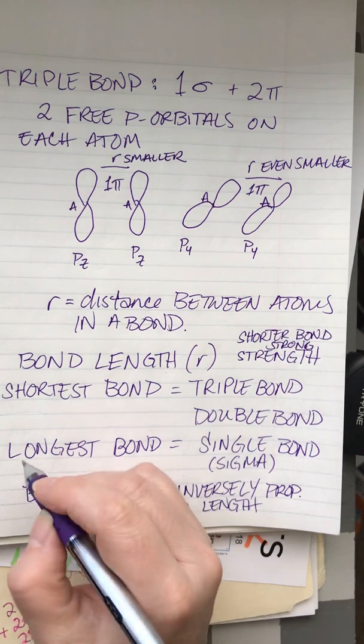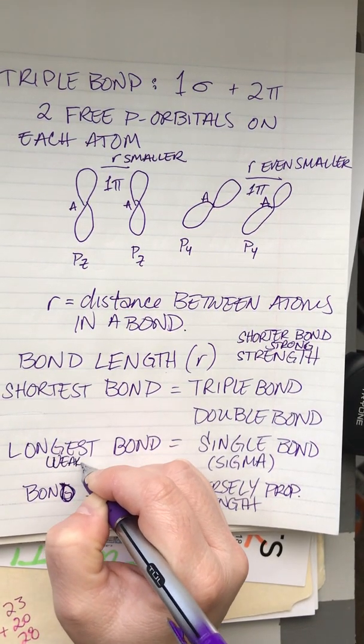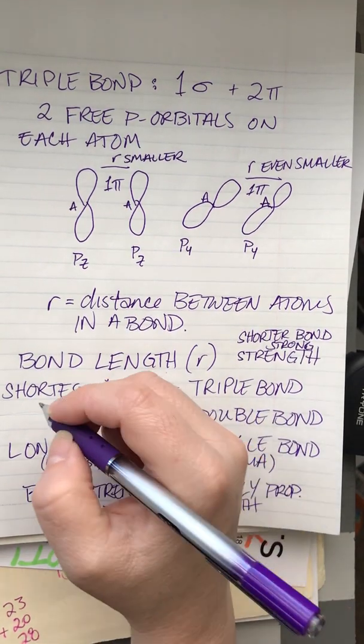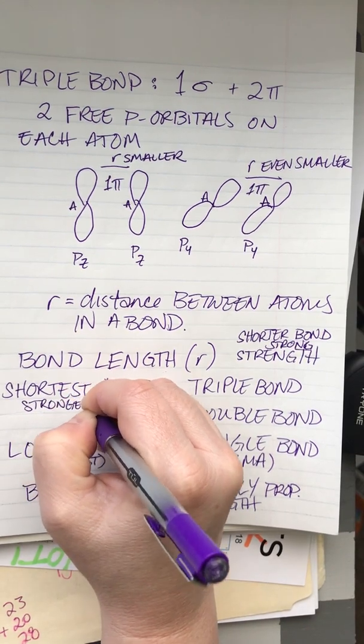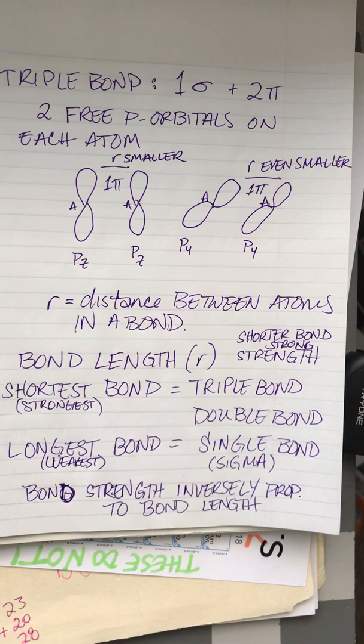So the longest bond would be the weakest, and the shortest bond would be the strongest.